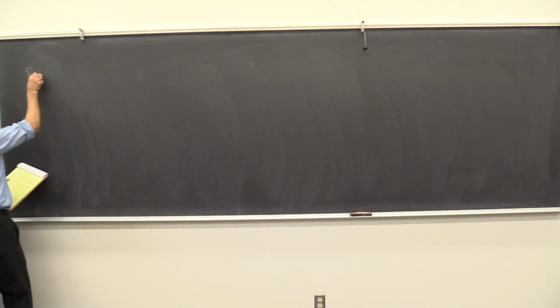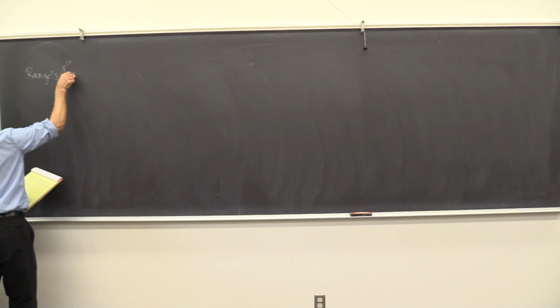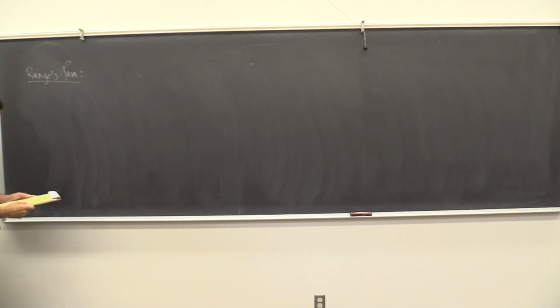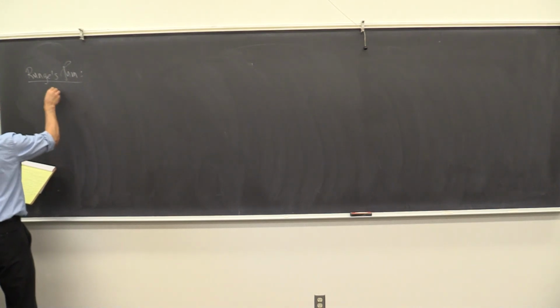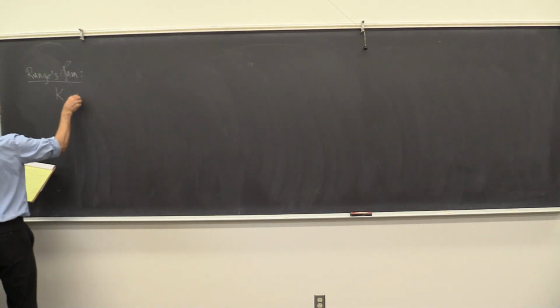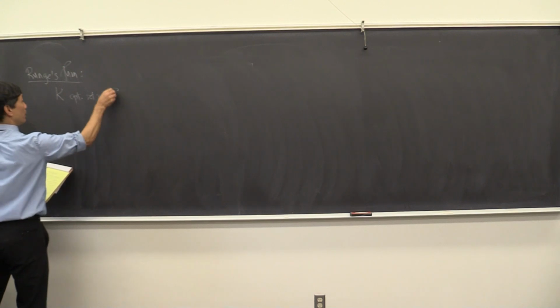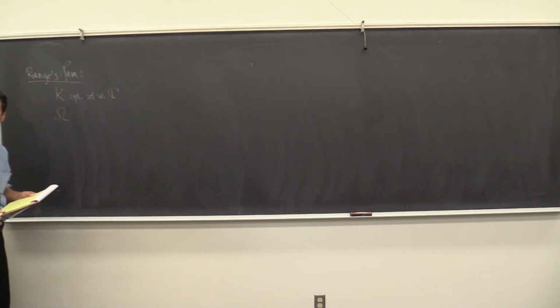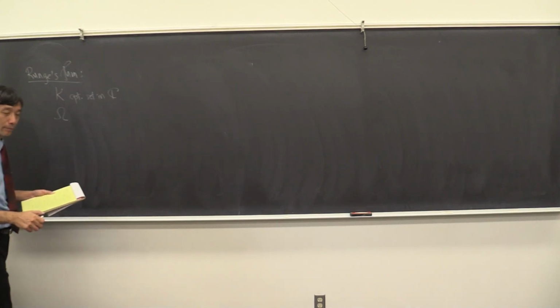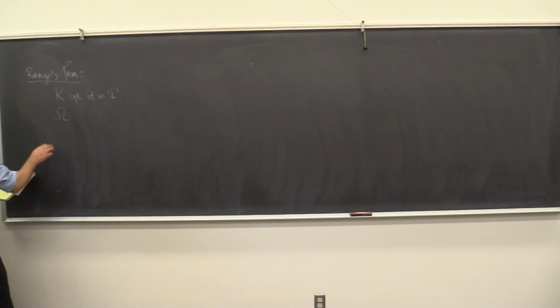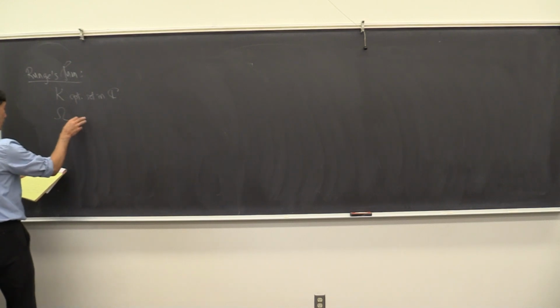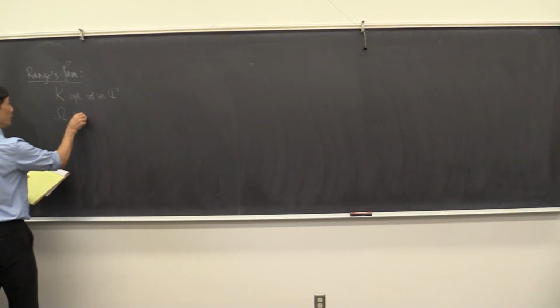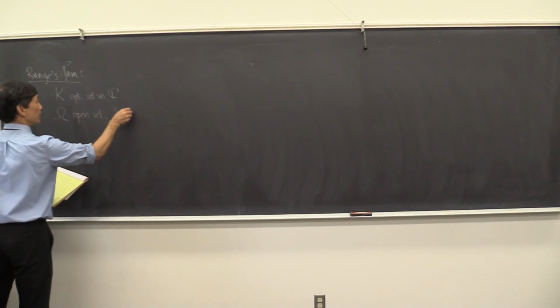So here's Runge's theorem. You have K, a compact set in C, and you have omega, an open set, and K is contained inside of omega.